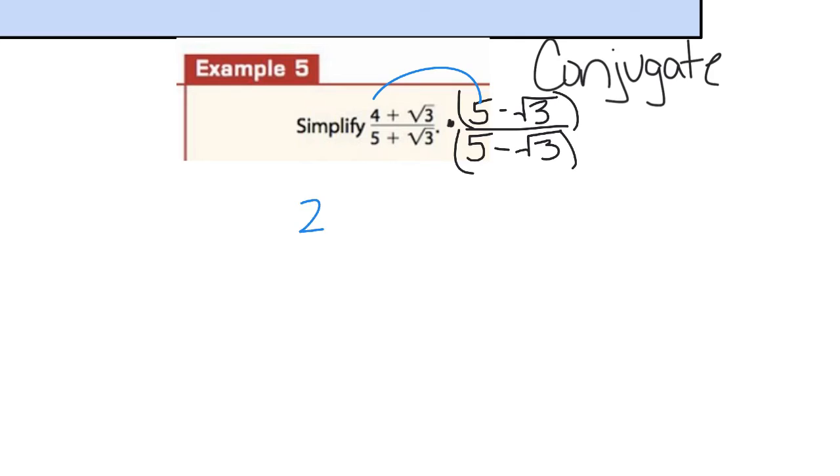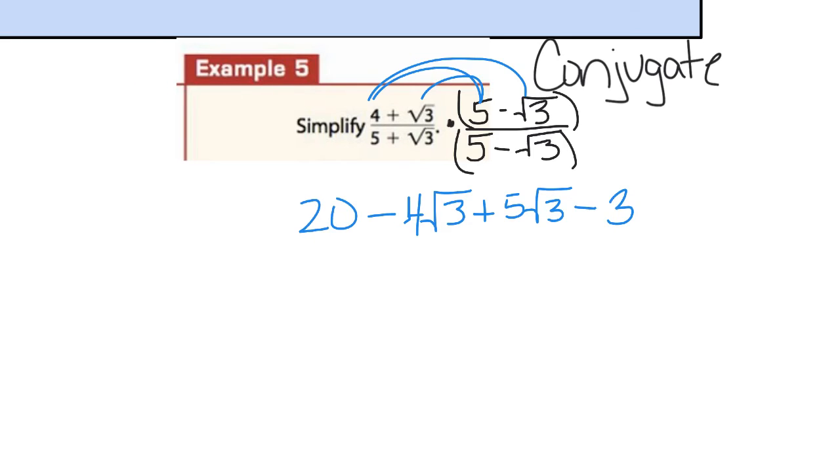First, 4 times 5 is 20. Outer, 4 times negative square root of 3 is negative 4 square root of 3. Inner is 5 square root of 3. And then the last is going to be negative 3, because it would be negative square root of 9, which would be negative 3.